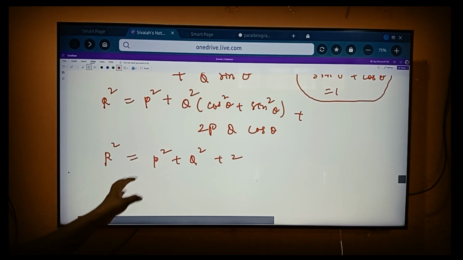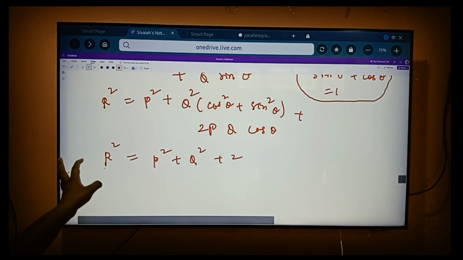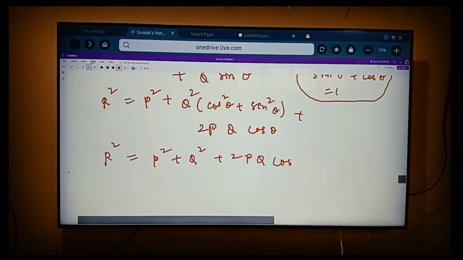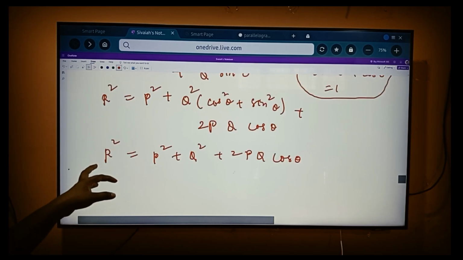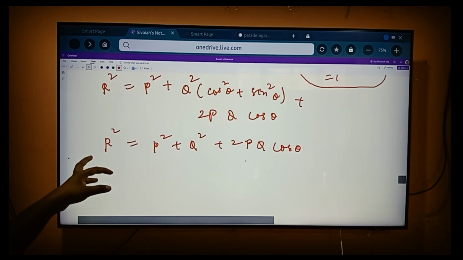So what about the R value? We want only the R value, right? So how to find out the R value?